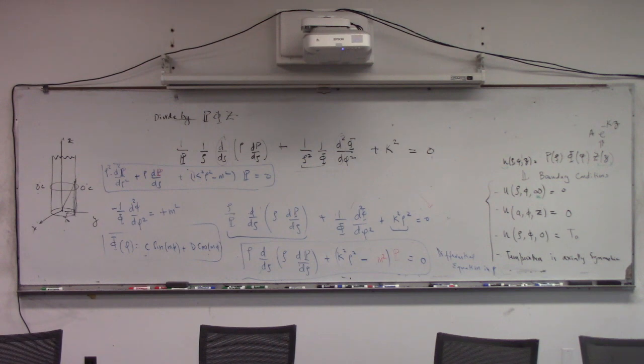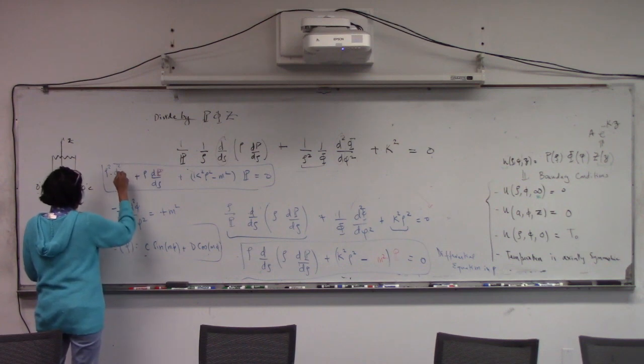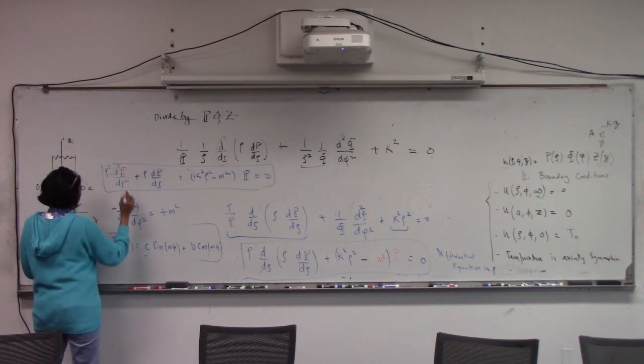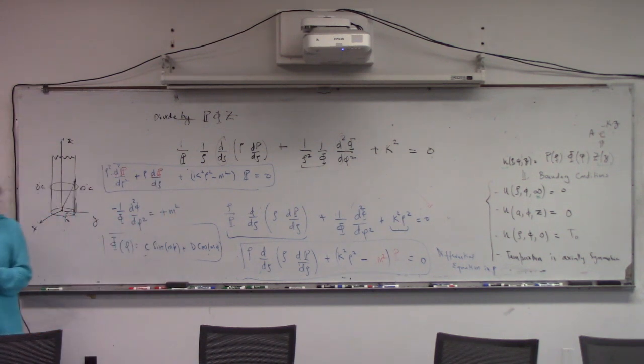Think of P as y or something, and rho as x. Have you come across this before? I'm going to write it like this, whether you can recognize.